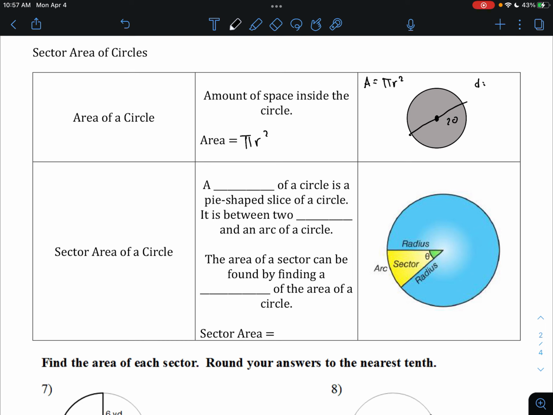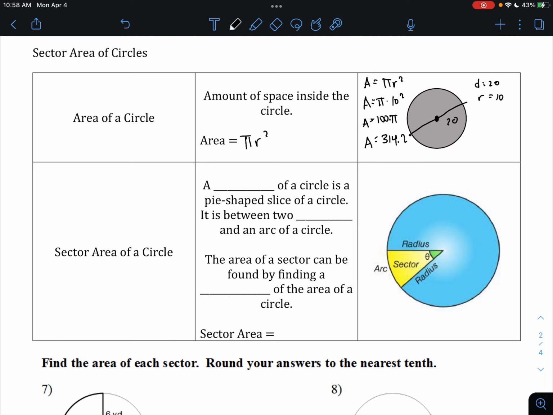So if the diameter equals 20, then the radius equals 10. And so we can use our equation to find the area of a circle. Area equals pi times the radius 10 squared, and that's 100 times pi. So if the area is 100 pi, that is about 314.2.